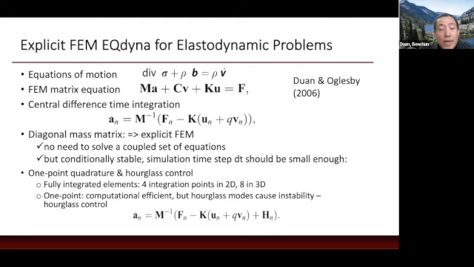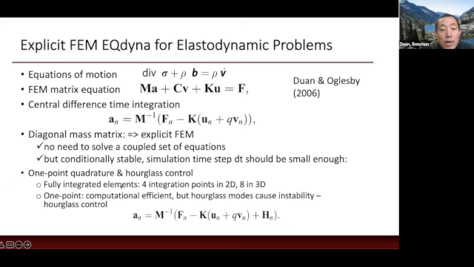But we know this basic advantage also brings some disadvantage. We need a really small time step to make sure the simulation is stable. The other point in the method is that we use a one-point quadrature element.